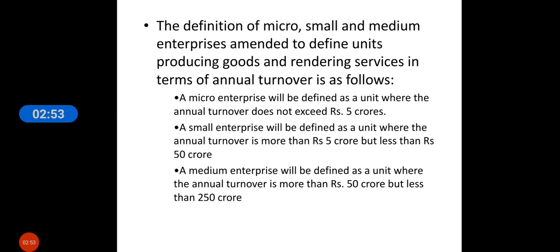That is a small enterprise, means between 5 to 50 crore. And a medium enterprise will be defined as a unit where annual turnover is more than 50 crore but less than 250 crore. Clear, students?